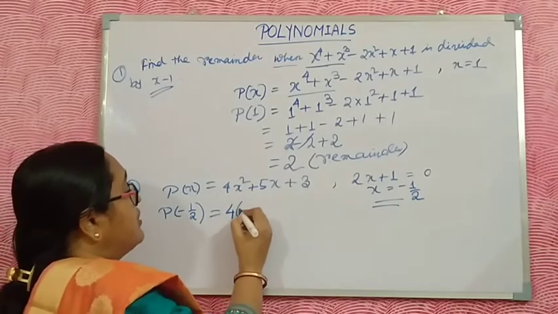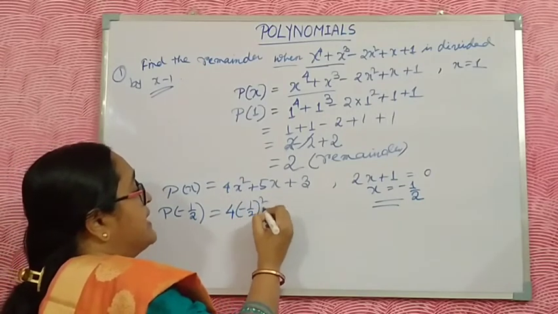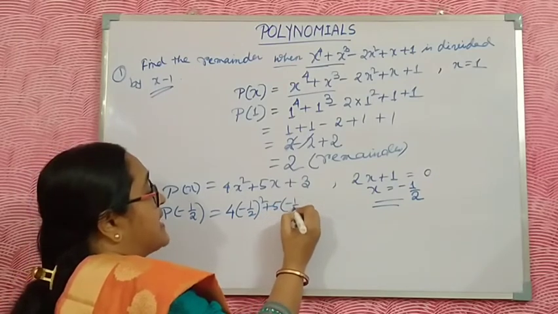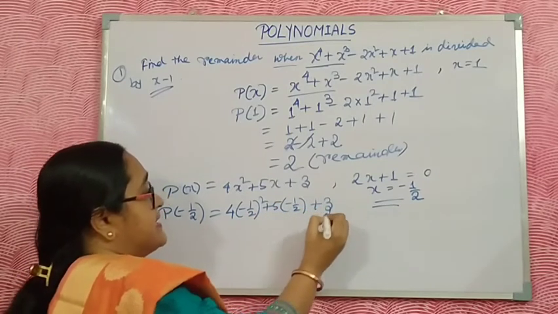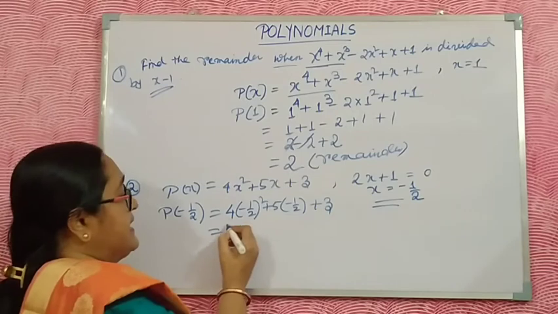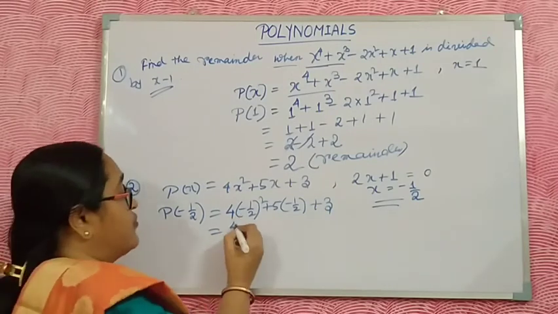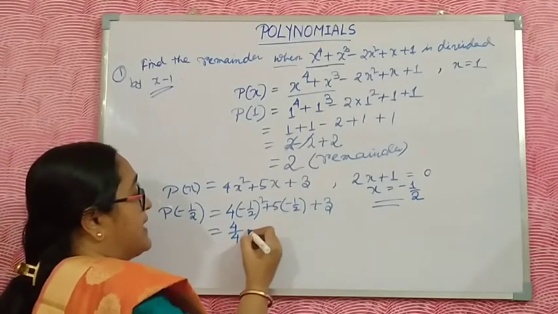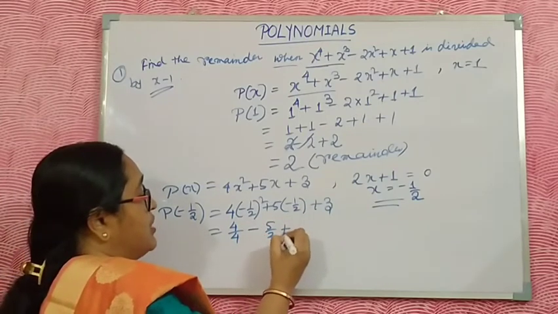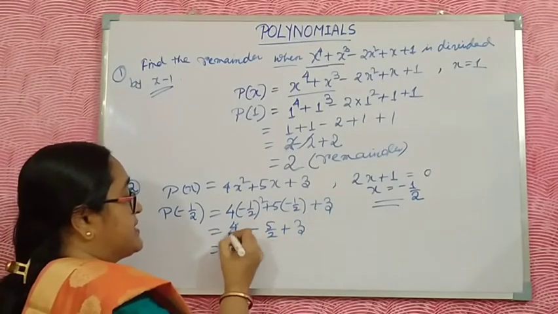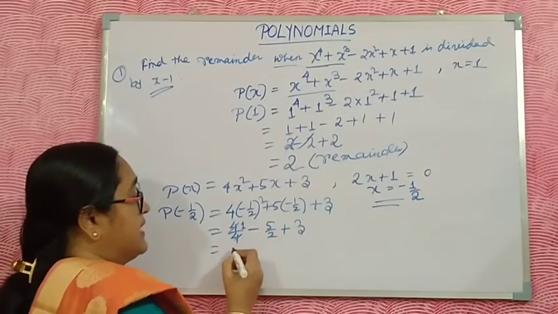Okay, then 4 into minus half squared plus 5 into minus half plus 3. Minus square is plus, then 2 times 2 is 4, this is 4, and then minus 5 by 2 plus 3. Then this cancels and 1 is here.